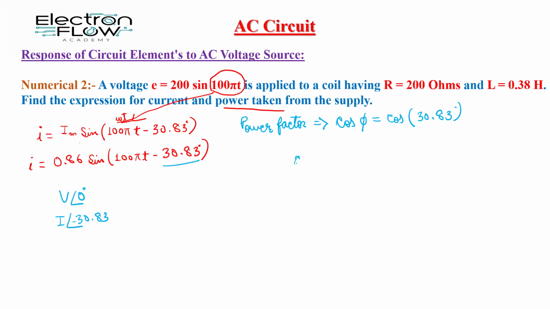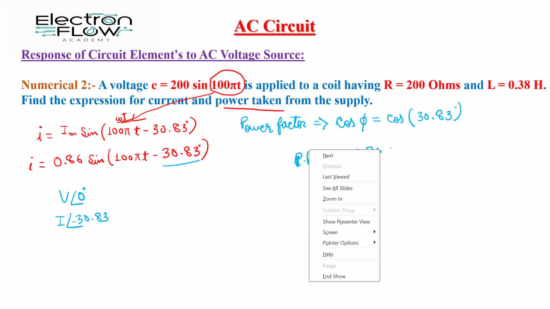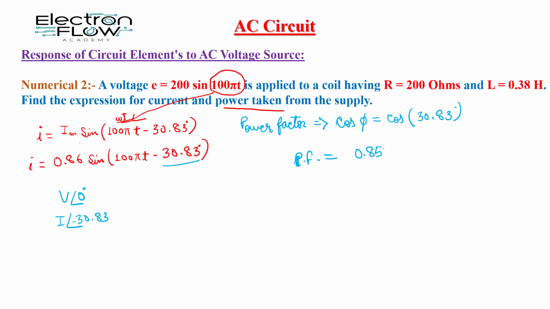The value of the power factor is 0.8586, which is lagging because of the RL type of load.